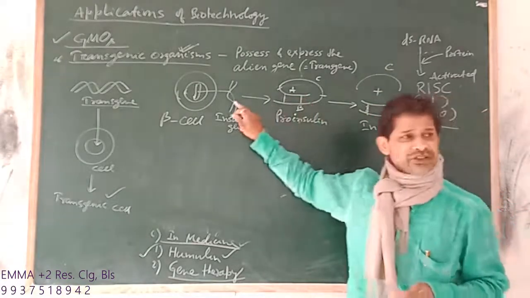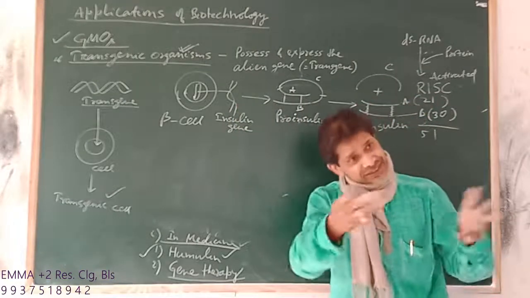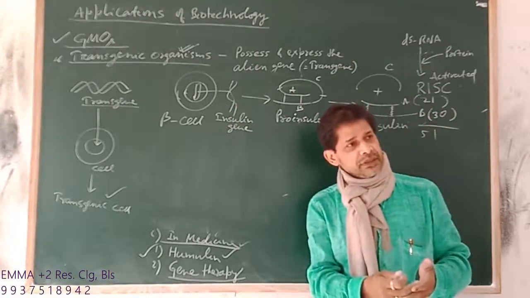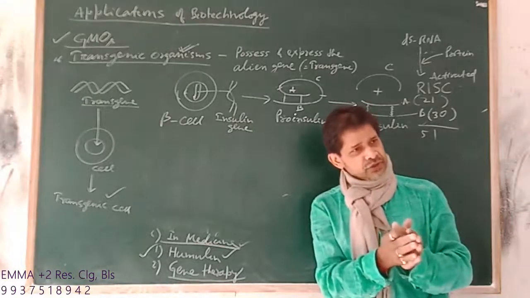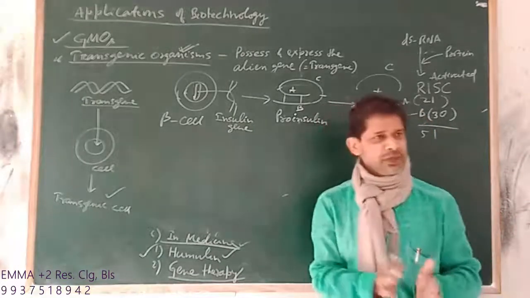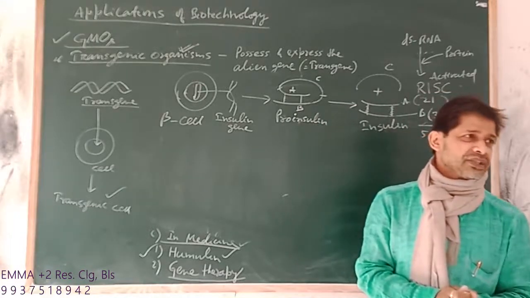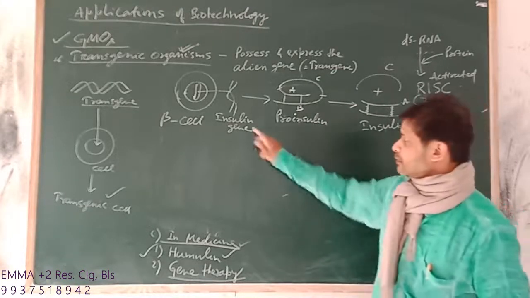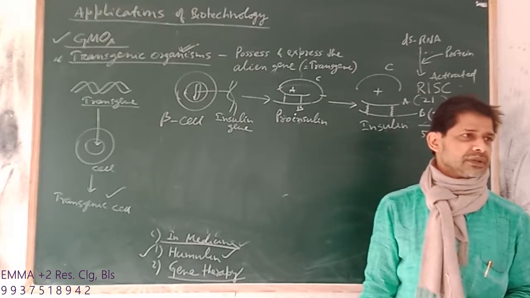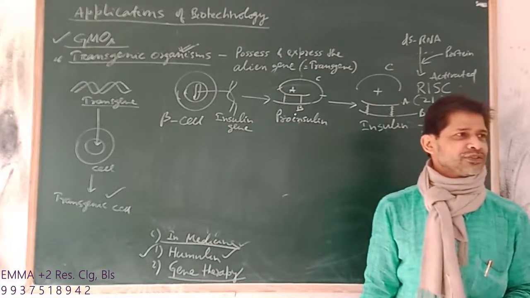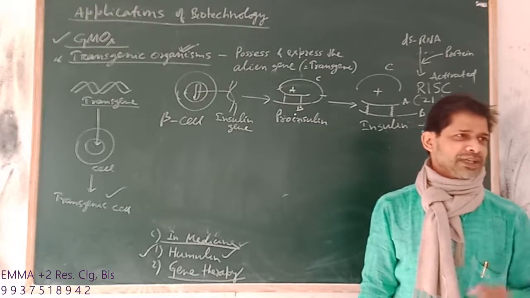Again, introns, exons, mRNA processing is necessary. Introns must be removed. So in order to avoid all these problems, scientists dropped the proposal of direct introduction of the insulin gene as a transgene.